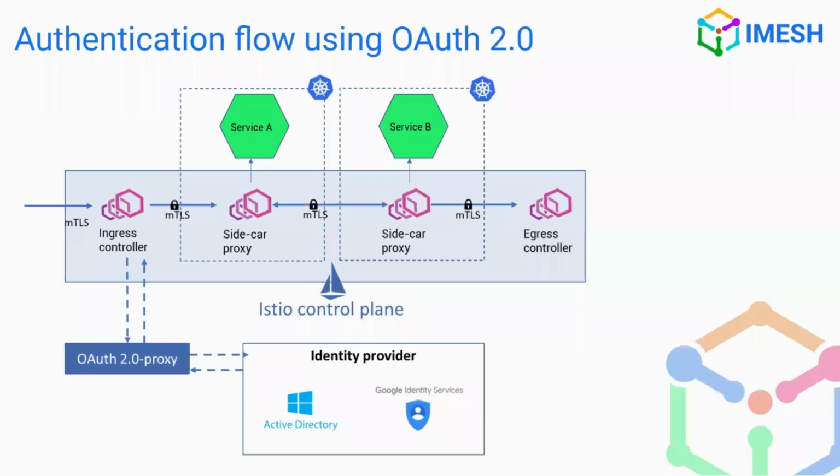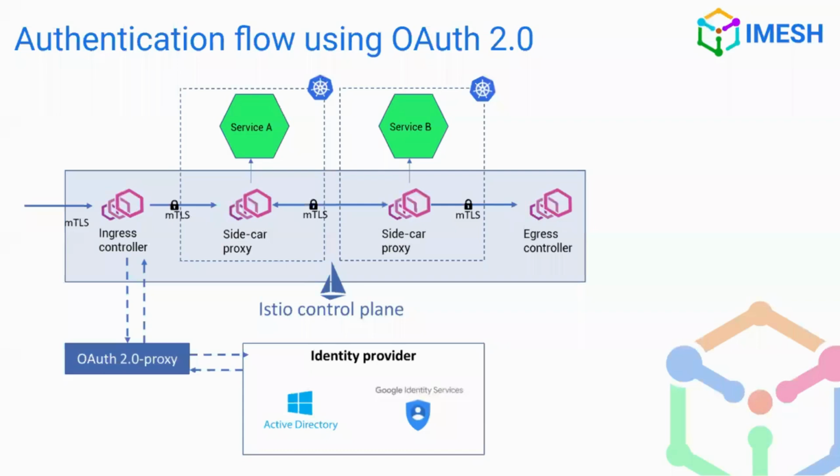And what is OAuth 2? OAuth 2 is an authorization framework that allows users to grant access to their resources to third-party applications without giving them the password. Obviously OAuth 2 is a very popular technology right now. It is used by many popular applications and services, even Facebook, Google, or Twitter.